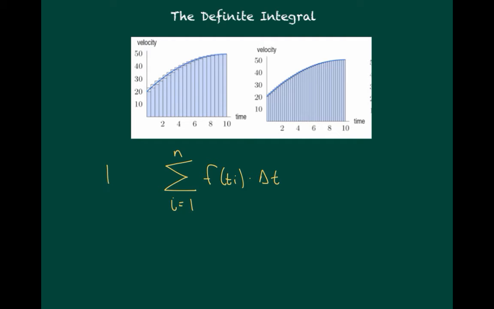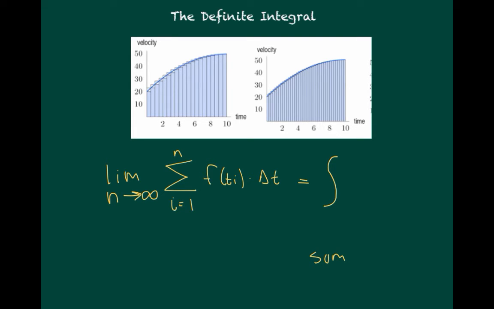Now if I take the limit as the number of those rectangles, n, goes to infinity, I get a new quantity that is no longer an estimate. It becomes the exact value. And so we use a different kind of rounded s, which still means sum.